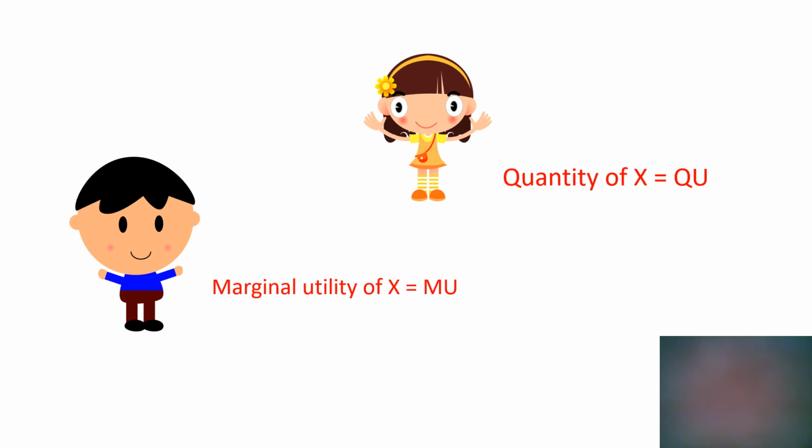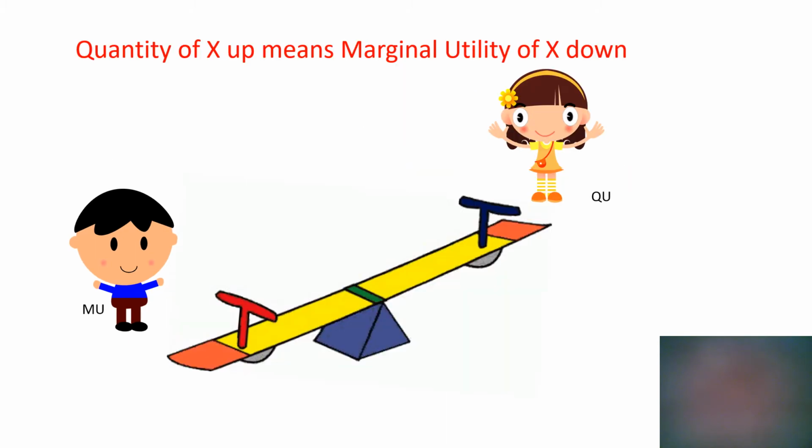I want to introduce you to a couple of my playmate friends, Q and mu. Q just stands for the quantity of X. Mu just stands for the marginal utility of X. If they're on the playground and they're on a teeter-totter, this will help us to understand the inverse relationship between quantity and marginal utility.